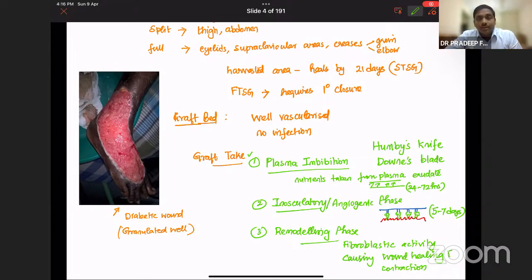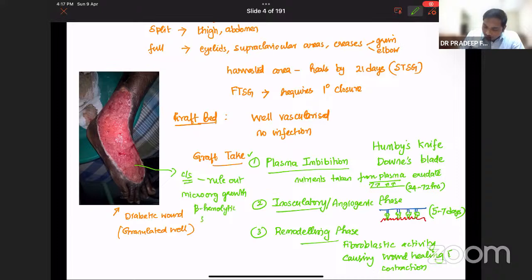So what are the contraindications for skin grafting? Whenever there is any infection, particularly beta hemolytic streptococci infection, it is a contraindication for skin graft. That's why before placing a skin graft, you should do a culture sensitivity from the donor area and rule out microorganism growth, particularly beta hemolytic streptococcus.